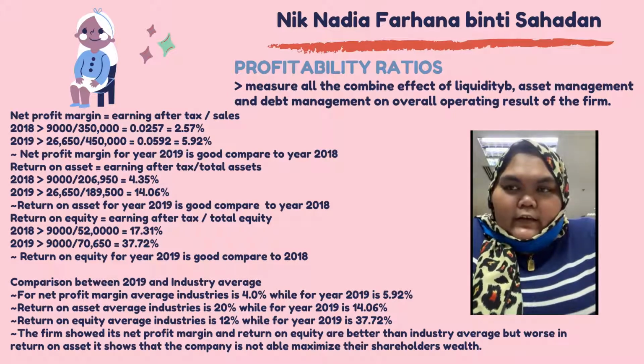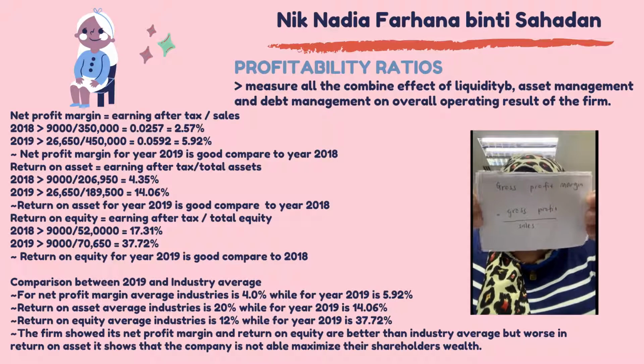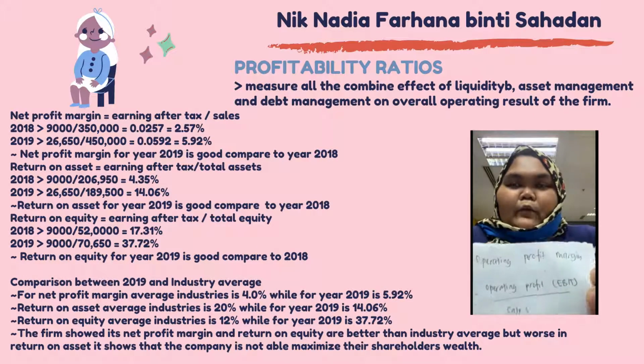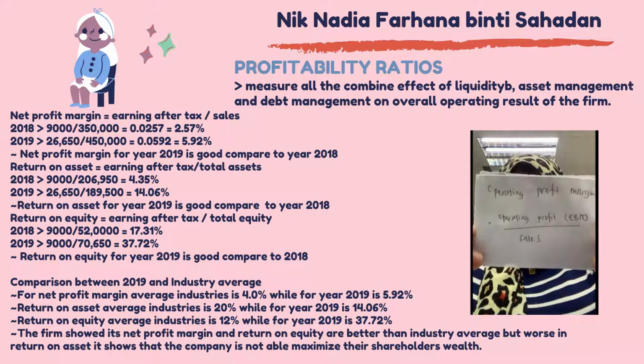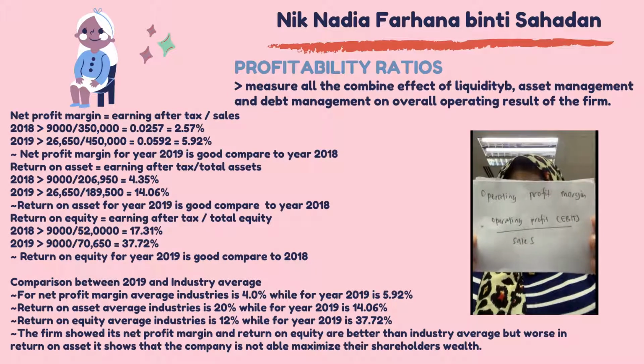Okay, there are 5 formulas under this ratio. First is gross profit ratio. Gross profit ratio is gross profit over sales. Second, we have operating profit margin. Operating profit margin is operating profit, EBIT, divided by sales.